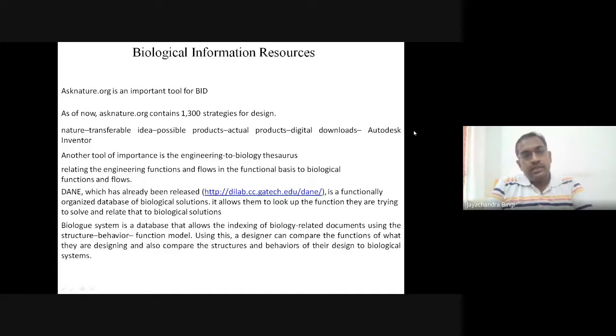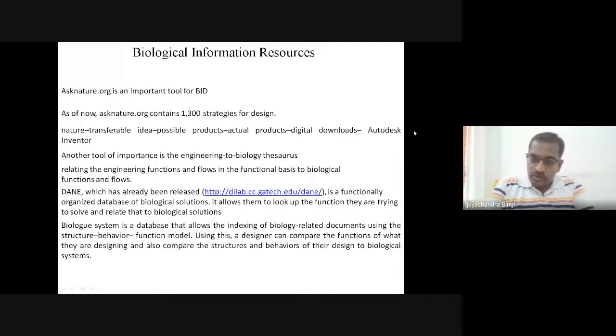Okay, so that is about today's class. We completed the hierarchical construction, and I introduced the different resources you can have as far as natural inspirations are concerned. Now, next, in module 2 we are going to deal with two different methods.